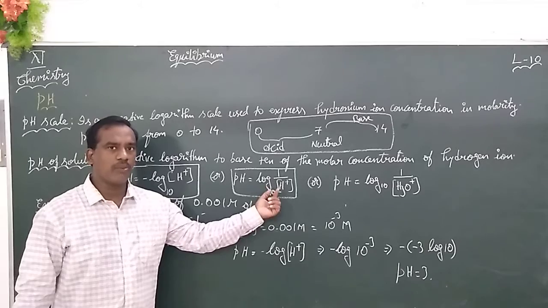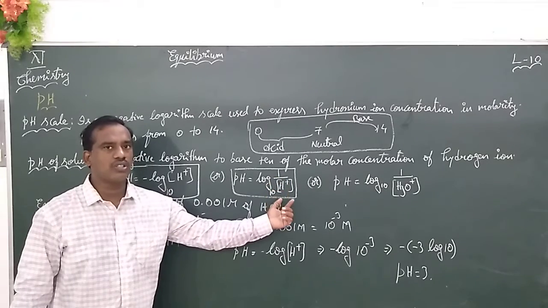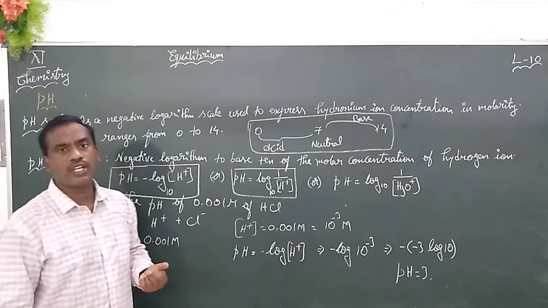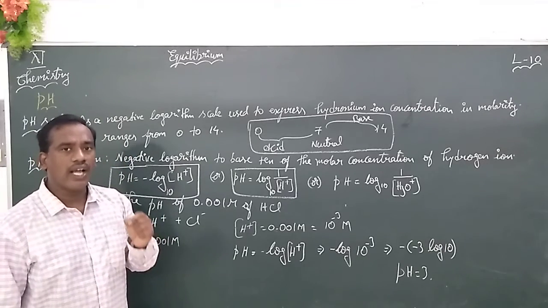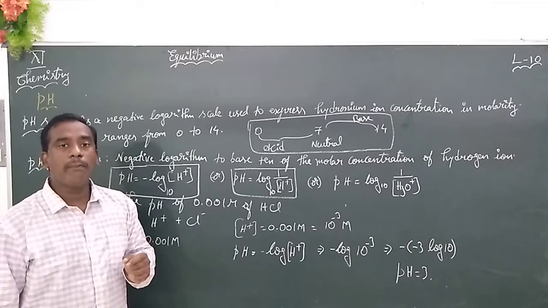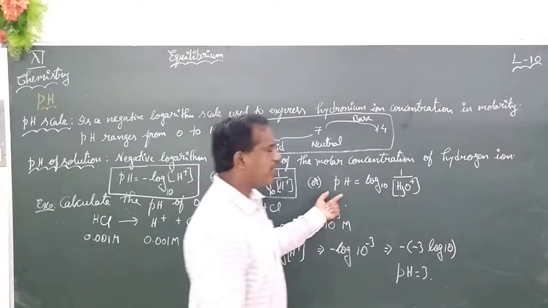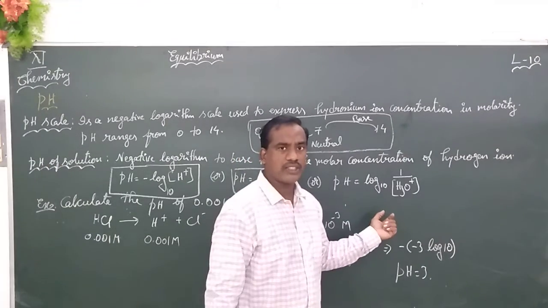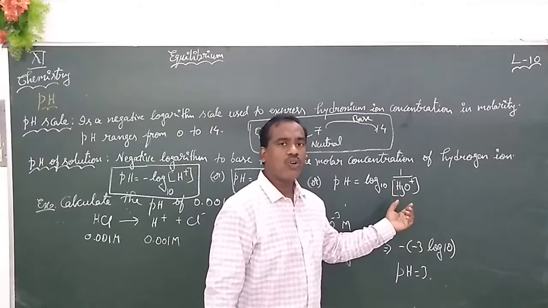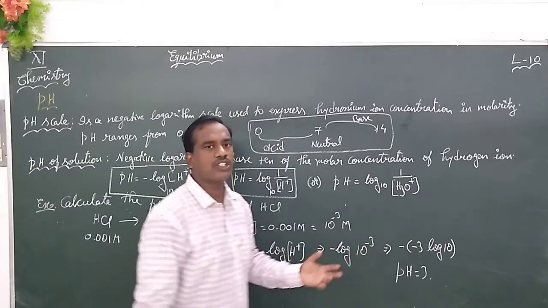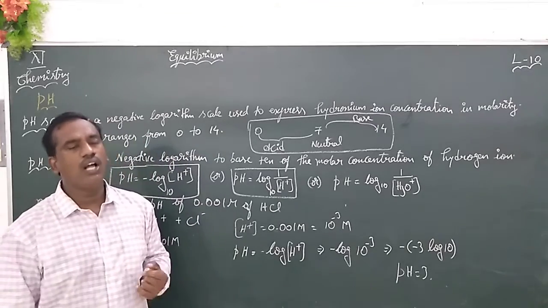The concentration of H plus ions can also be mentioned as the concentration of hydronium ion, H3O plus ions. So pH is equal to log base 10 of 1 upon the concentration of the hydronium ion. In these three ways we can express the concentration of the solution.